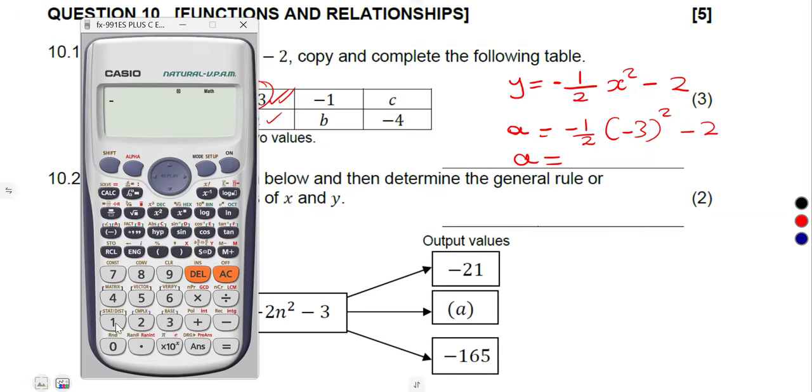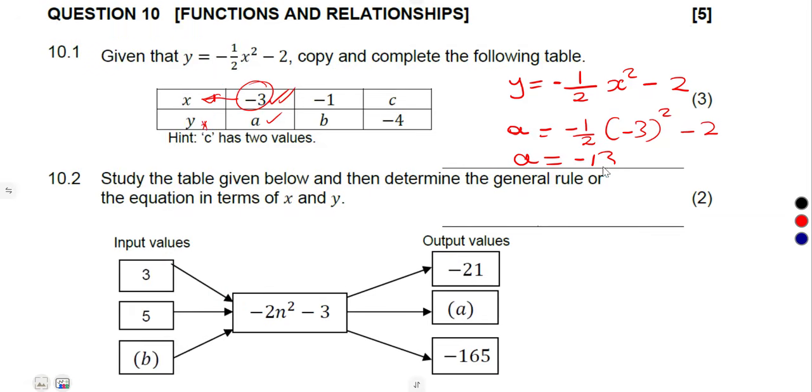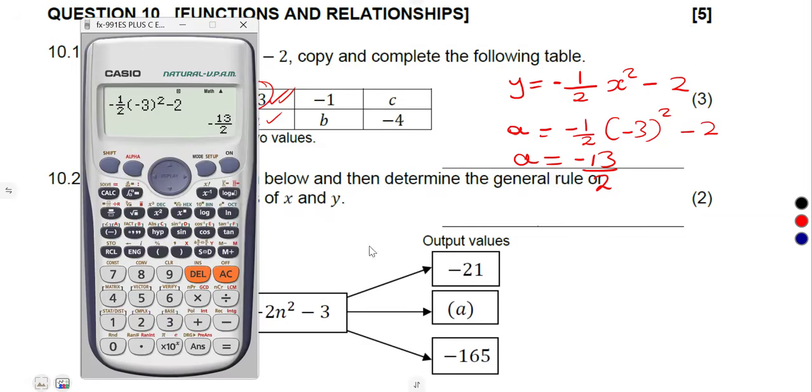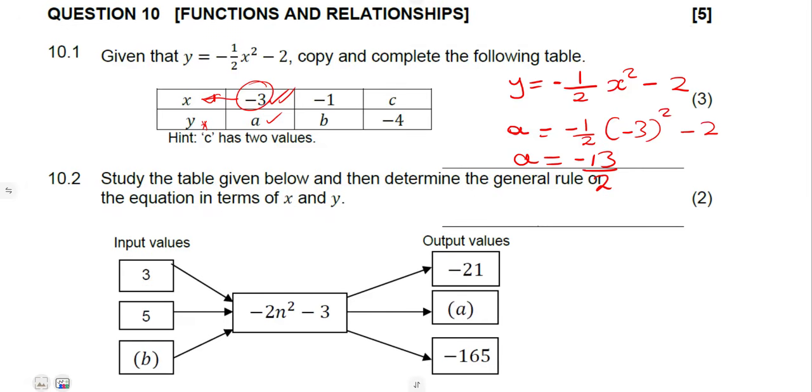You can use your calculator there. -1 over 2, open the bracket, -3, close that one, square it, then -2. That is -13 over 2. Or you can have it as a decimal, guys, if you want. You can have it as a decimal, -6.5, whatever way that you understand. All right, so that is our A there.